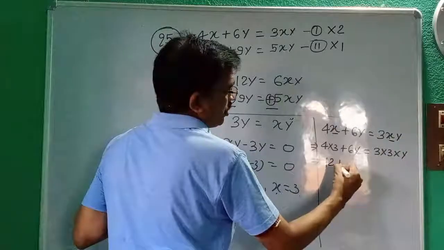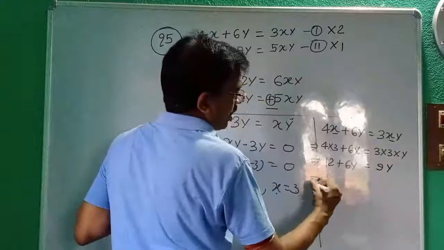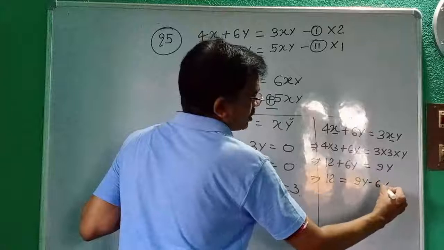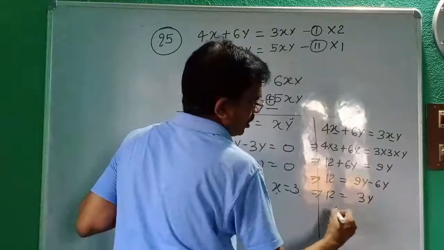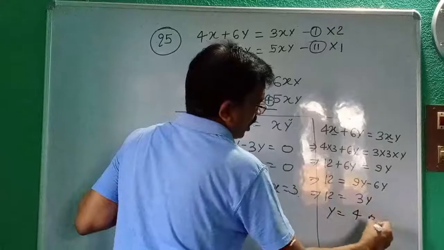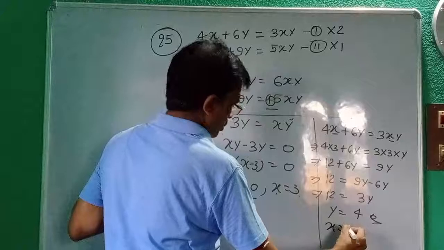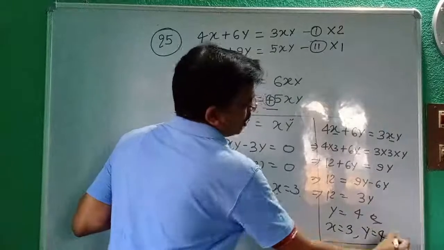Now it is 12 plus 6y is equal to 9y. Hence 12 is equal to 9y minus 6y. Hence 12 is equal to 3y. Then y is equal to 4. It is the solution for y. So x is equal to 3 and y is equal to 4 is the solution of the equation.